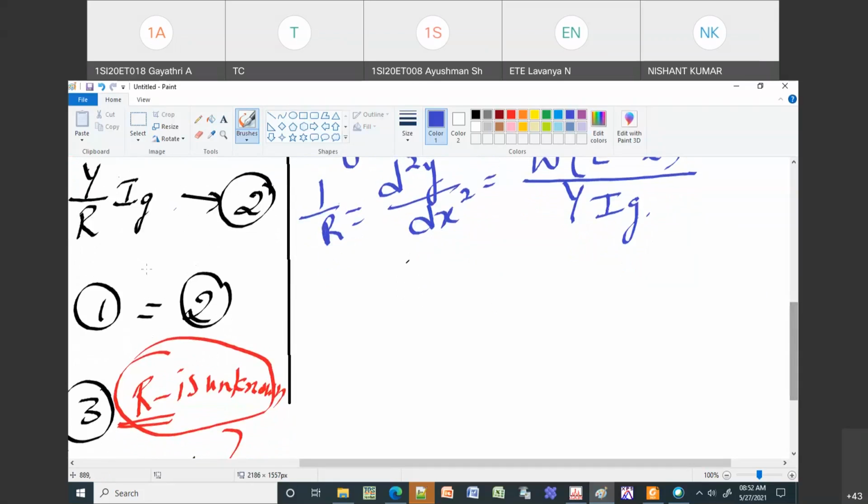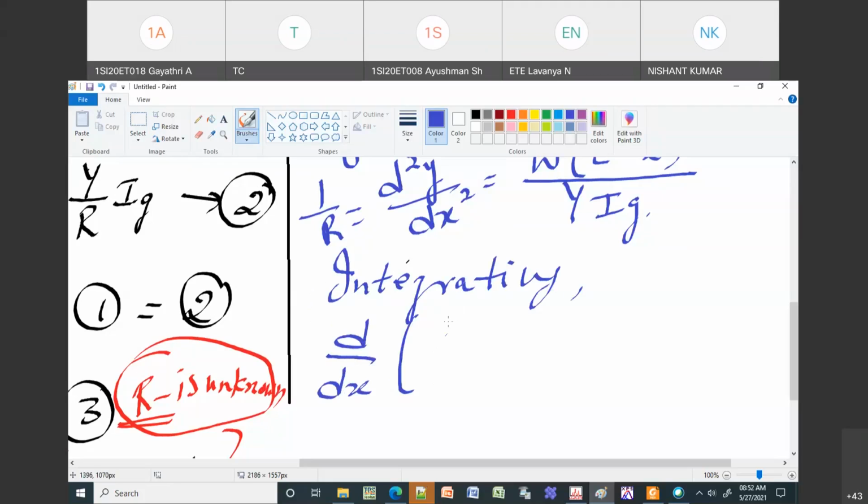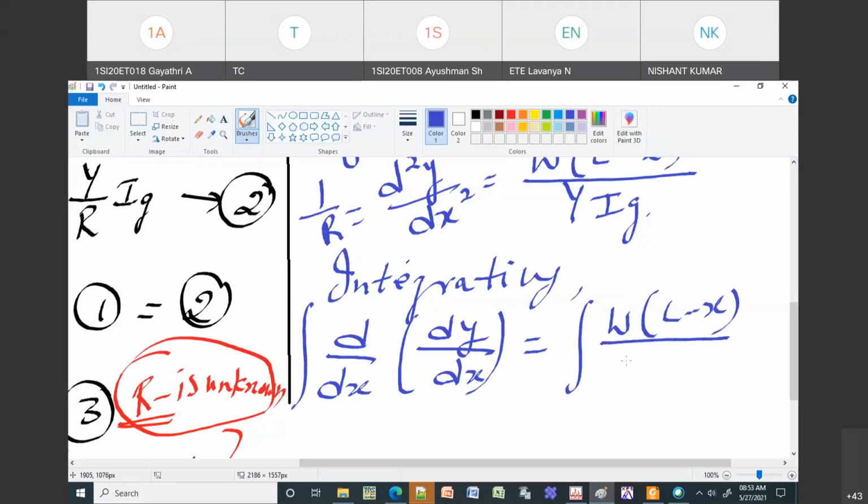So I'll use only the right hand side and integrate. Integrating, what you get is d/dx of dy/dx. The integral equals the integral of W into (L minus x) by Y into Ig.